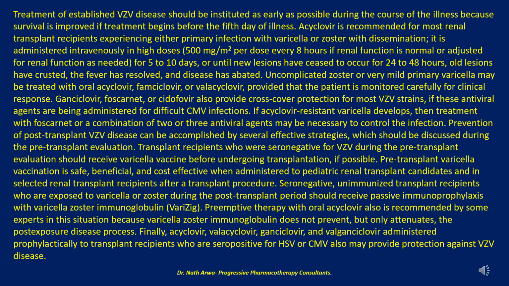If acyclovir-resistant varicella develops, then treatment with foscarnet or a combination of 2 or 3 antiviral agents may be necessary to control the infection. Prevention of post-transplant varicella zoster virus disease can be accomplished by several effective strategies, which should be discussed during the pre-transplant evaluation.